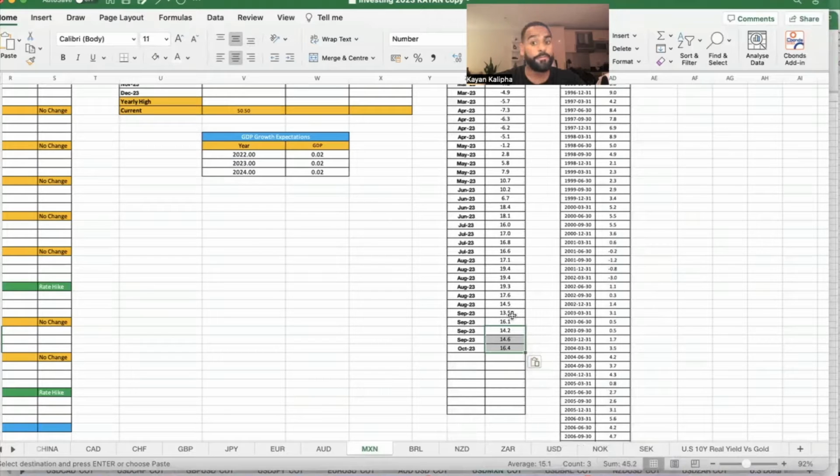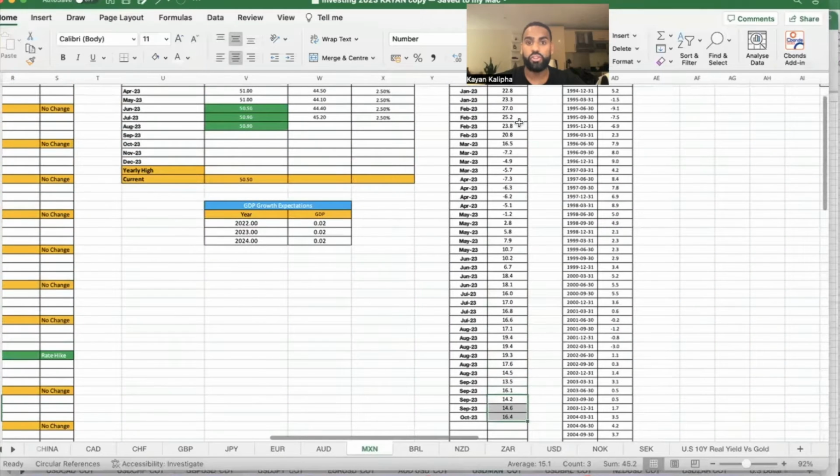So at the moment, the market's net buyers of the peso currently. So if you want to become net sellers and actually start to buy the dollar against the peso, maybe you want to see the contracts turn negative. Okay. Maybe that would be the time to catch these contracts turning negative.